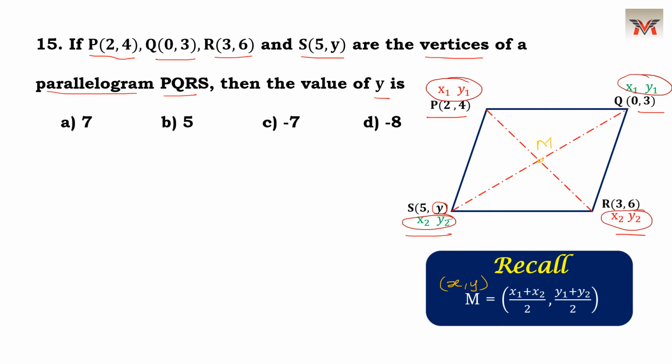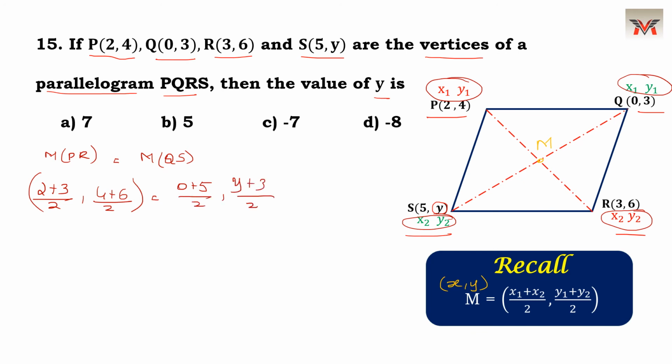Let us apply it to find the answer. The first part is the midpoint of PR, which is equal to the midpoint of QS. When we apply the formula, it becomes (2 plus 3) by 2, comma, (4 plus 6) by 2, equal to (0 plus 5) by 2, comma, (y plus 3) by 2.